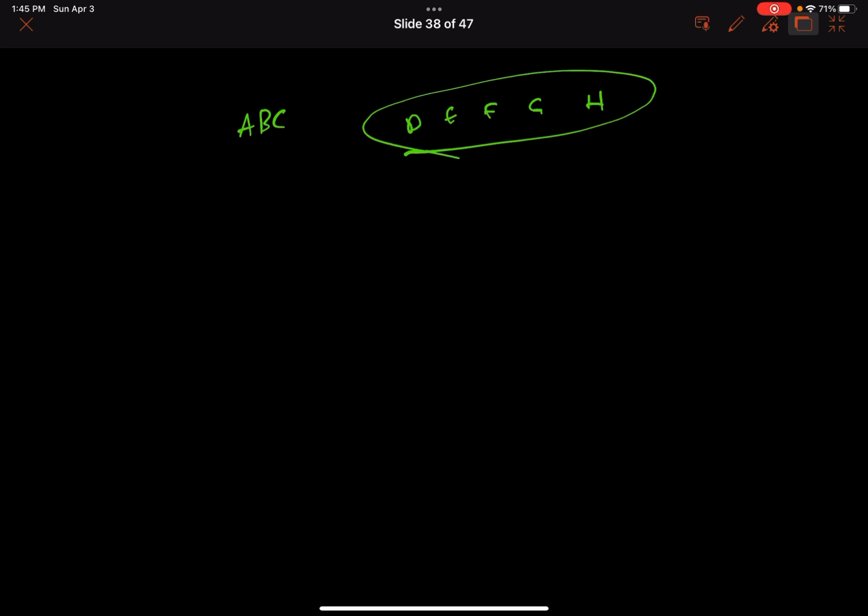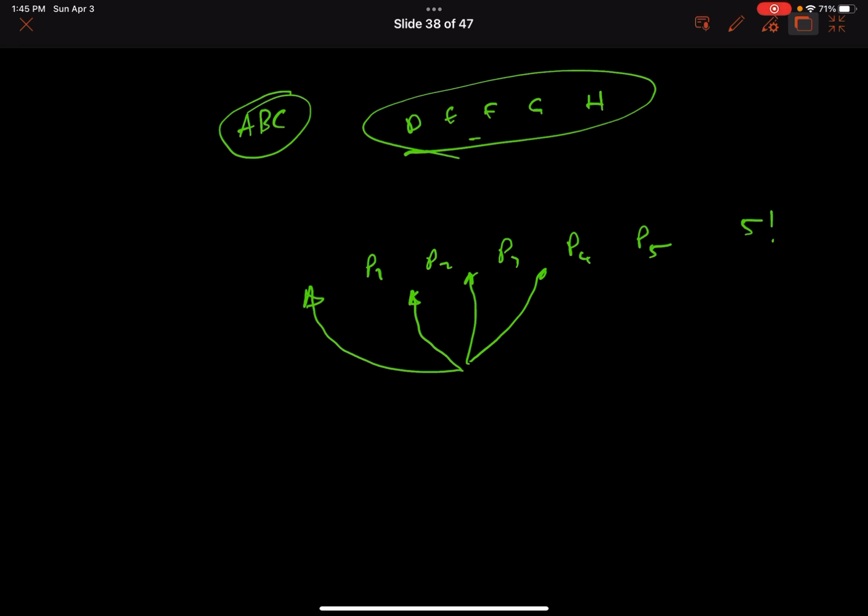So this is position 1, position 2, position 3, position 4, position 5, because these are 5 letters. So I have 5 factorial ways to put them in these positions. Next, what do I have to do? I have to place the ABC. How many positions do I have? 1, 2, 3, 4, 5, 6. So for a total of 6 multiplied by 5 factorial.